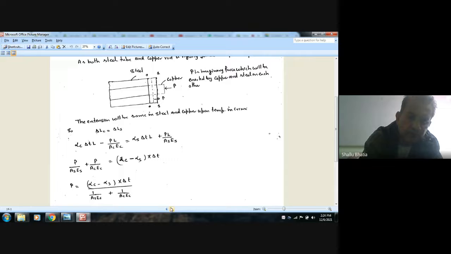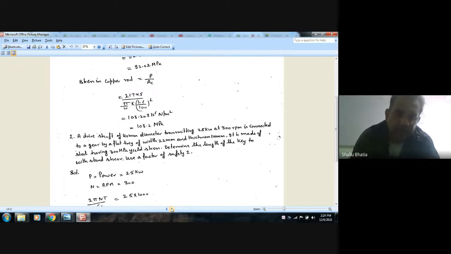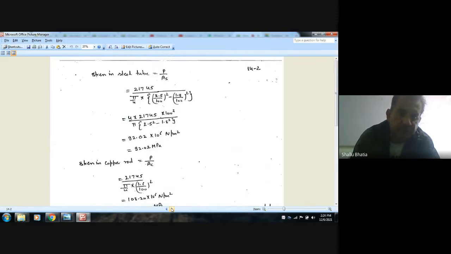After finding out P, we can divide it by area of steel tube, and then we can find out stress in the steel tube. Area of steel tube is pi by 4, 2.5 square minus 1.8 100 square. So these are the calculations we can make.